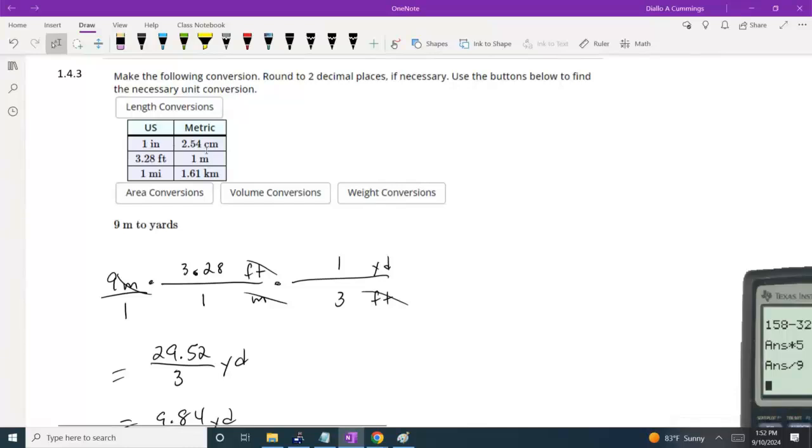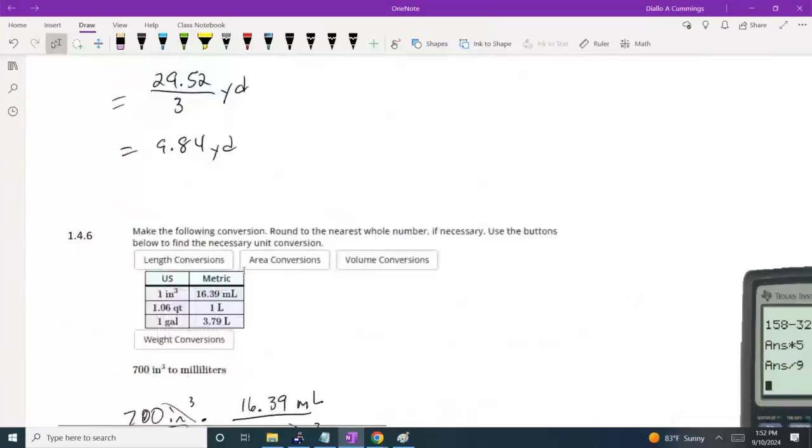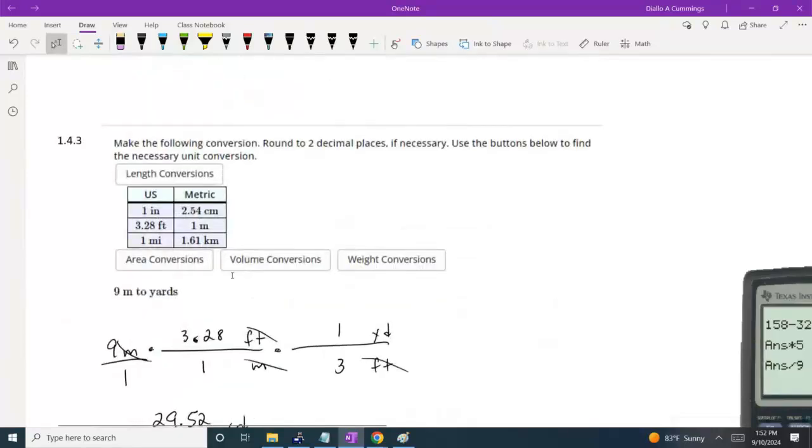So what we must do is convert inches to meters.